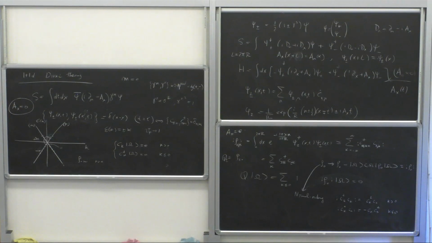You see? So if you do this, you see that the first operator acting for k bigger than 0, where it is empty, is C, so it gets 0. Instead, when k is less than 0, which is filled, the first operator acting is C dagger, which is 0 again because it's filled. So this prescription is equivalent to normal ordering.